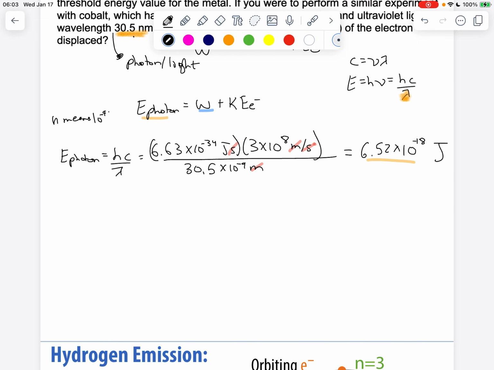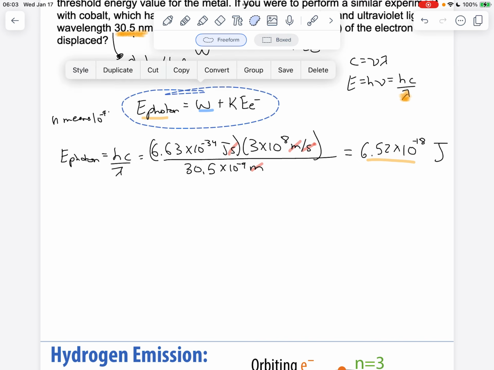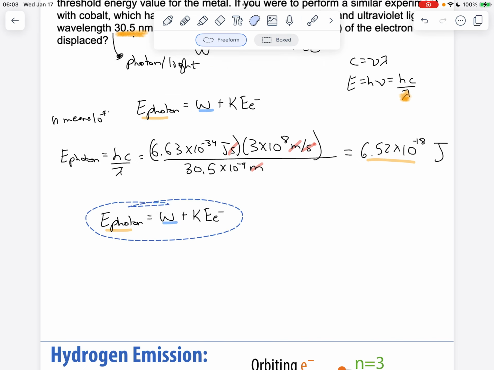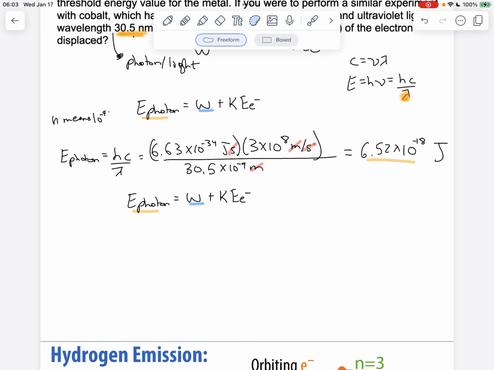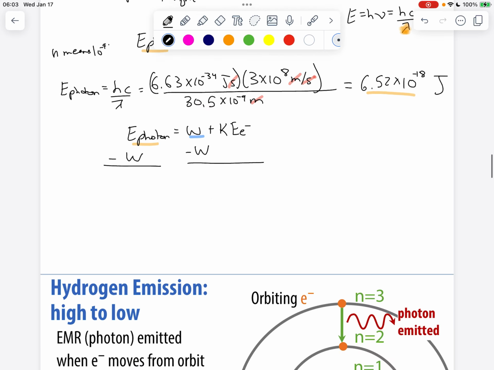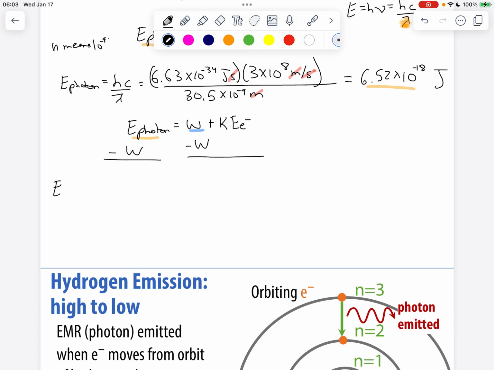So again, using that equation, we can take this and just subtract W from both sides to get kinetic energy by itself. We don't need to do any dividing here because we're adding two things over there. So we get E photon minus W is equal to the kinetic energy of the electron.